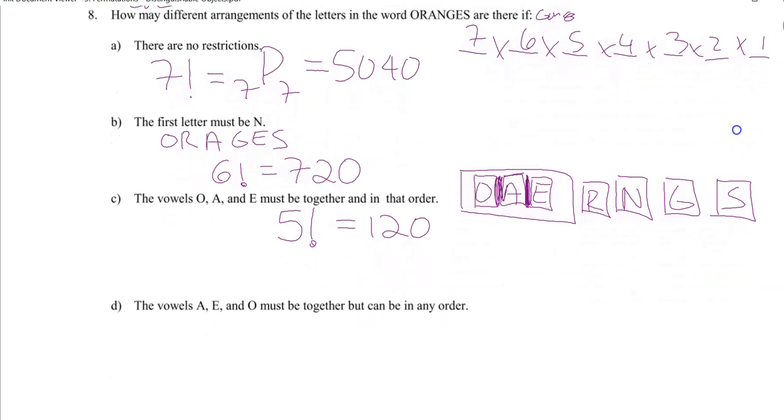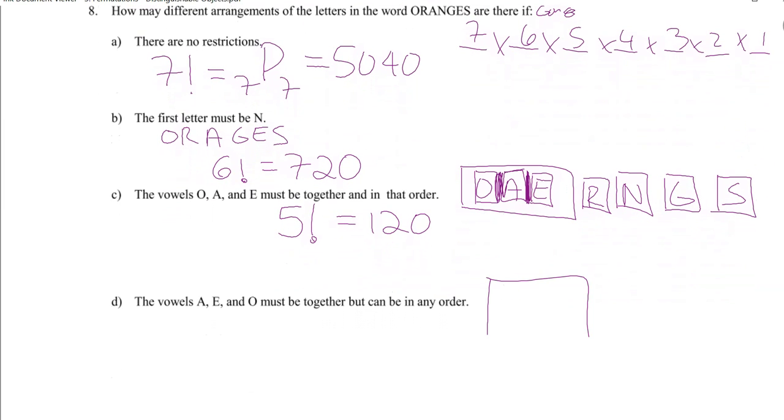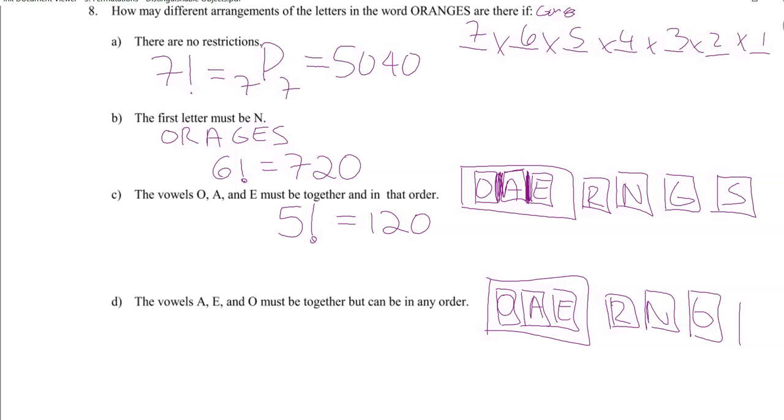The vowels, A, E, and O, can be together, but in any order. So I'm going to make a super tile that has OAE on it. So we're going to look at this and say, how many tiles do I have to arrange?